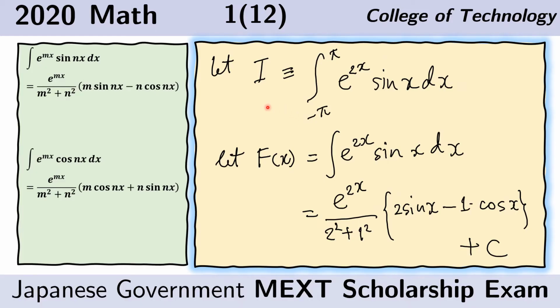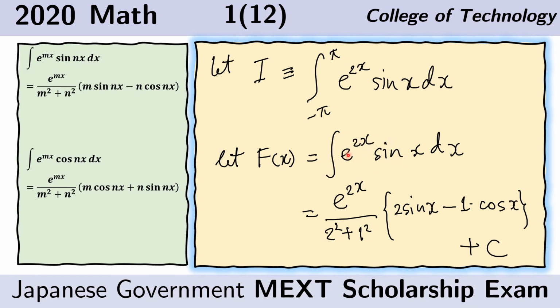For convenience, let us call the definite integral I and the antiderivative f of x. Now we can apply our shortcut for f of x because we see that this form matches that of the shortcut.